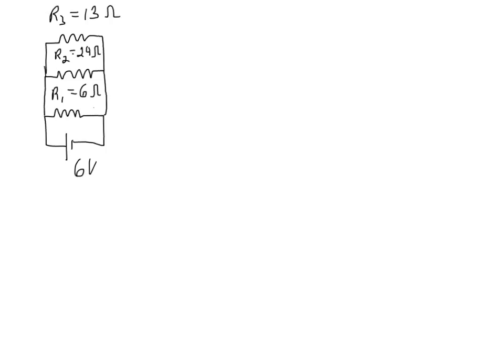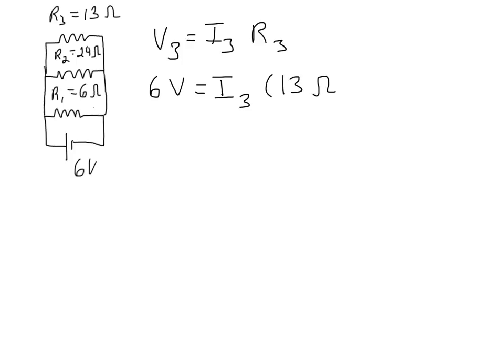To find the current in R3, all we need to do is voltage through 3 equals current through 3 times resistance through 3. Since our voltage is the same through each branch and it's 6 volts, it's going to be 6 volts equals I3 times R3, which is 13 ohms.